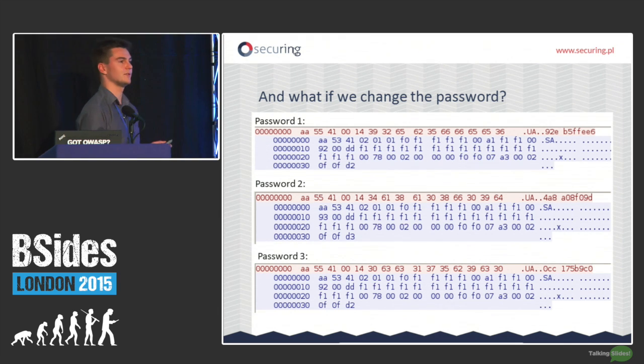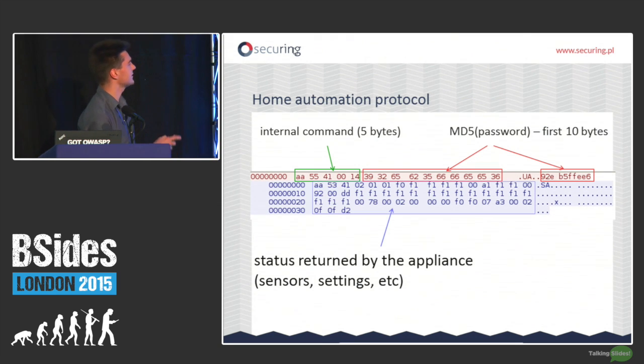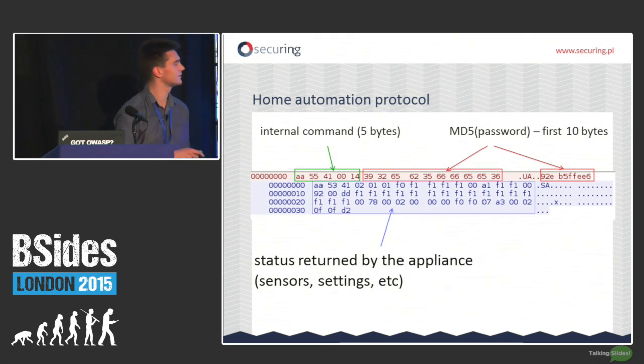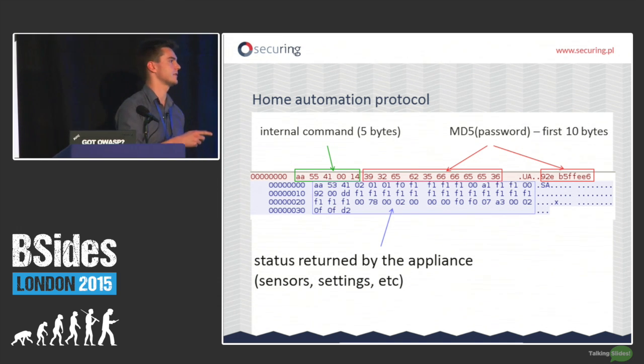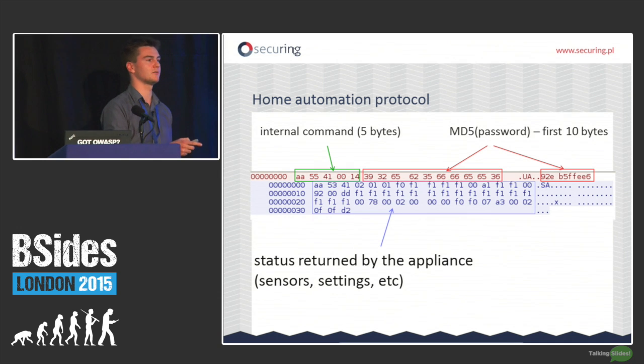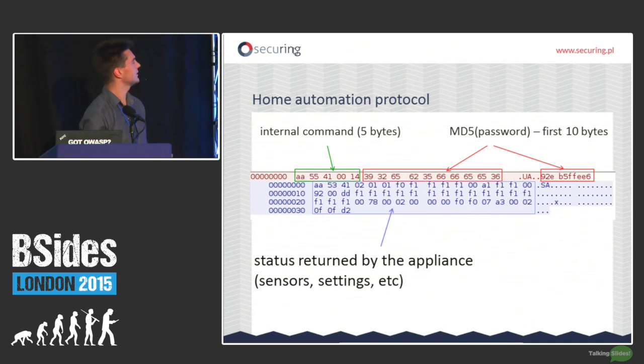Well, probably it was cut or something like that. So let's give it a try. Let's disassemble this protocol and try. We actually tried to brute force, actually find all hashing algorithms of this password. And we found that it is MD5, but only the first 10 bytes of the MD5 of password.